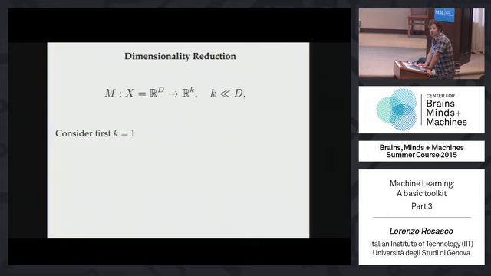We're going to build the basic method to do this, which is PCA, and we're going to give a purely geometric view of PCA. This is going to be done by taking first the case where K is equal to 1, and then iterating to go up. So in the first case we ask, if I give you vectors which are D-dimensional, how can I project them in one dimension with respect to some criterion of optimality, okay?